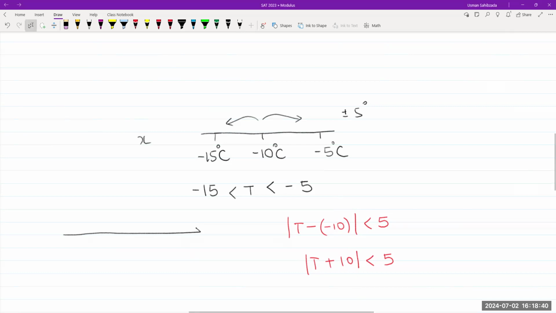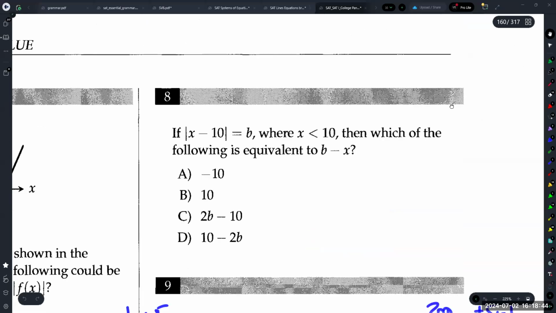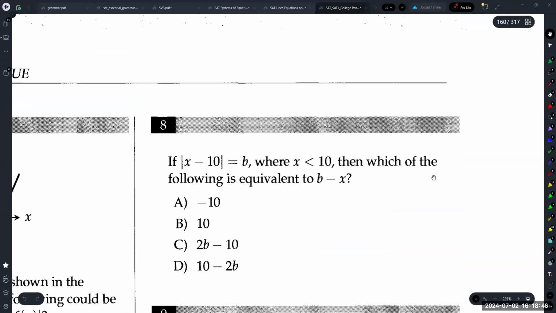Okay, now we were talking about looking at some practice questions. This is an interesting one. Why don't you guys give this a try?